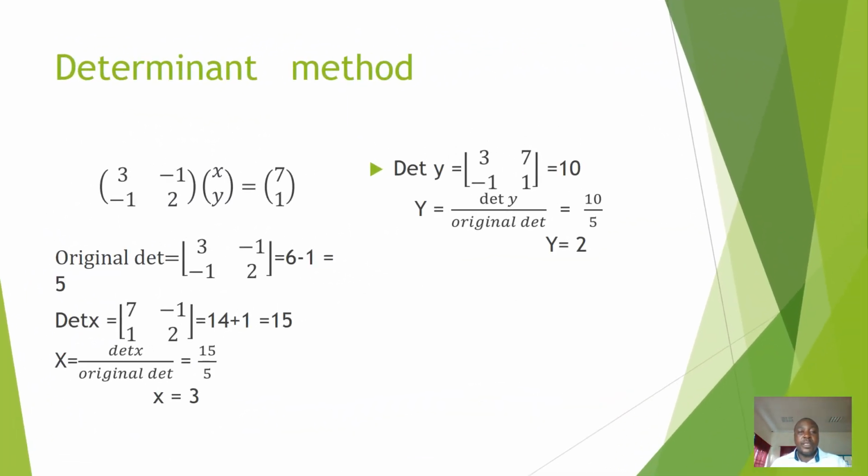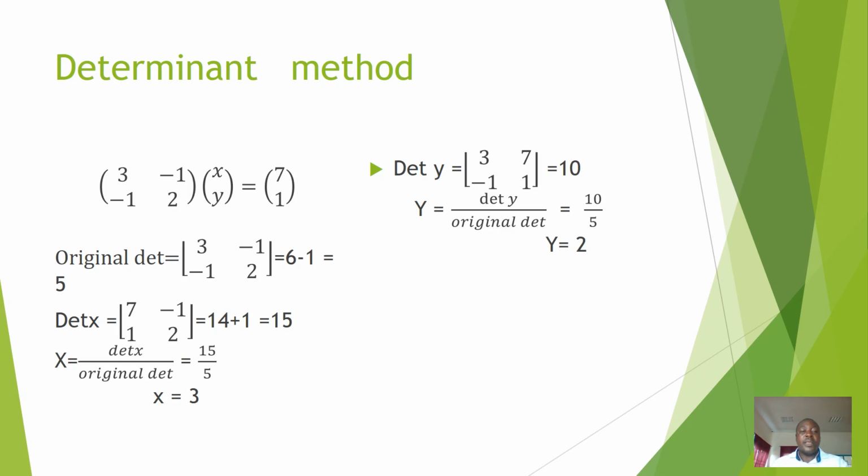Welcome to the determinant method. In the determinant method, we form an equation as we did in the previous method. But to get the original determinant, we get that very matrix.